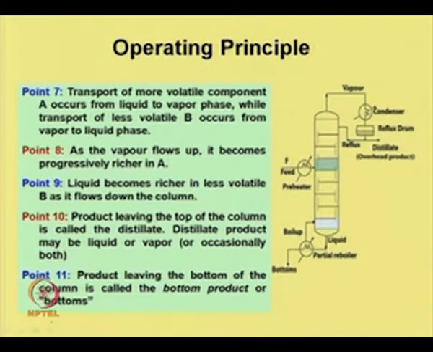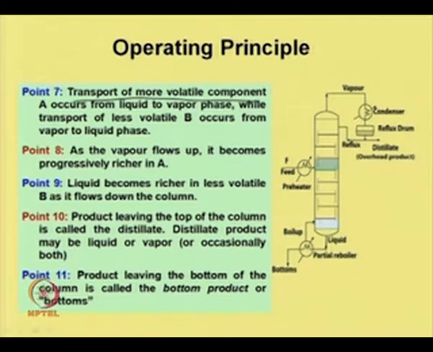Now, the transport of the more volatile component A occurs from liquid to the vapor phase, while the transport of the less volatile B occurs from vapor to the liquid phase.